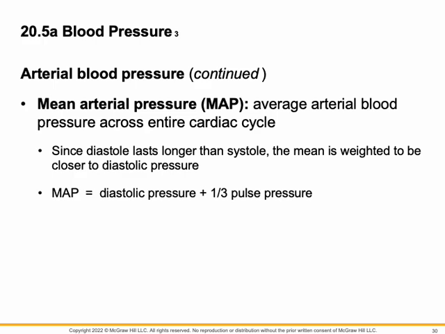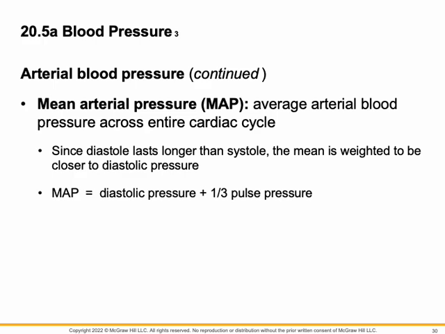You take your diastolic pressure and add your pulse pressure divided by 3, or you could do pulse pressure times 1/3. Remember, pulse pressure is your systolic minus diastolic. Divide that by 3, and then add your diastolic pressure.